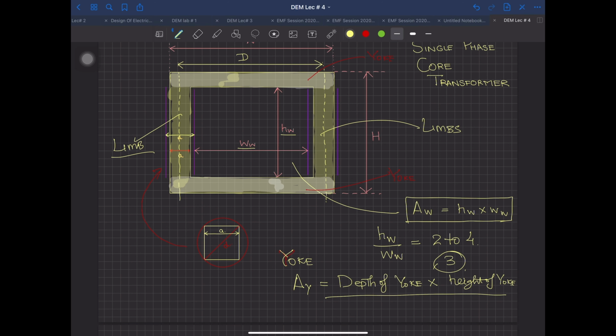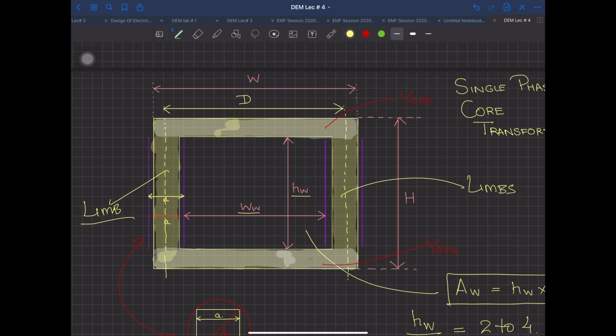Depth of the yoke, if I now convert this diagram, now see this very carefully, if I convert this into a 3-dimensional, so this one, what will be the depth?